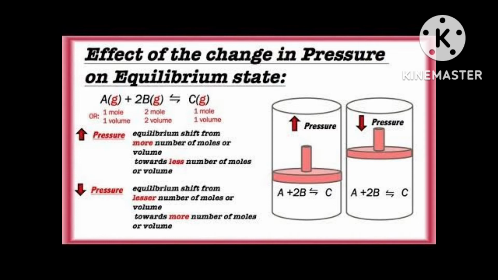The direction in which the reaction goes to re-establish equilibrium can be predicted by applying the Le Chatelier principle. Since pressure has doubled, the equilibrium now shifts in the forward direction, means less volume is there, CH4 and H2O only 2 mole.